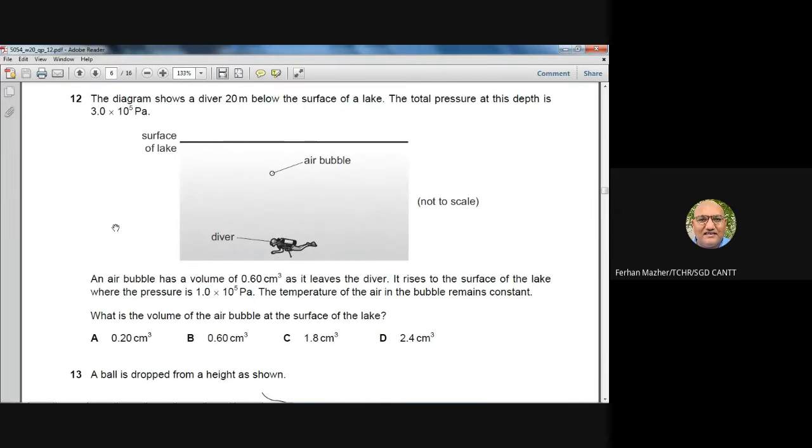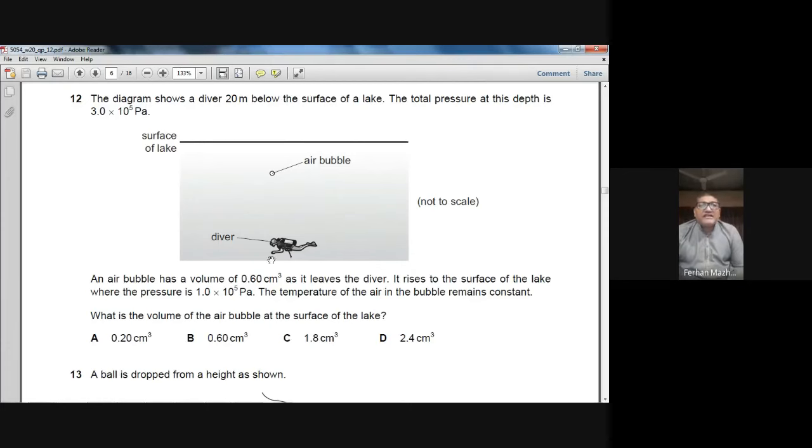Question number 12 is on your screen. The diagram shows a diver 20 meters below the surface of a lake. The total pressure at this depth is 3 × 10^5 Pascal. An air bubble has a volume of 0.60 cm³ as it leaves the diver.